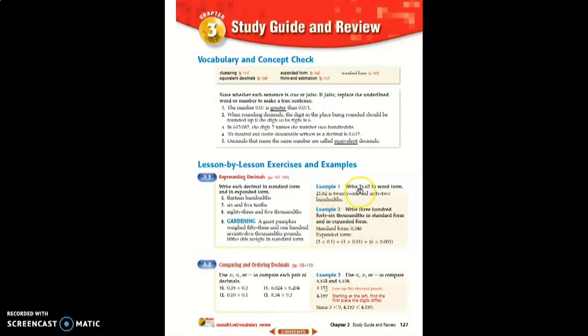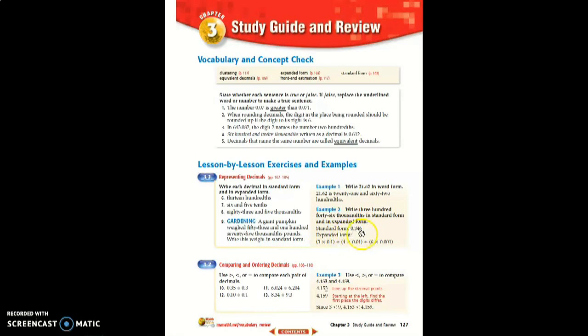Example 1. Write 21.62 in word form. 21.62 is 21 and 62 hundredths. Example 2. Write 346 thousandths in standard form and expanded form. Standard form: 0.346.